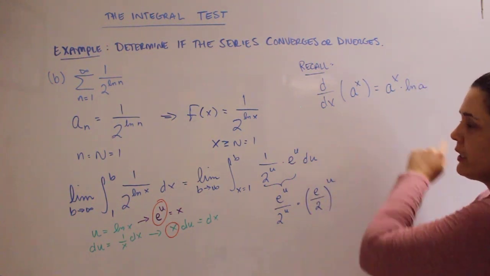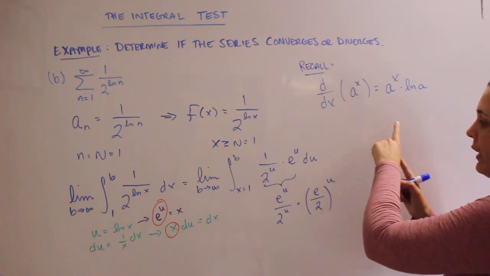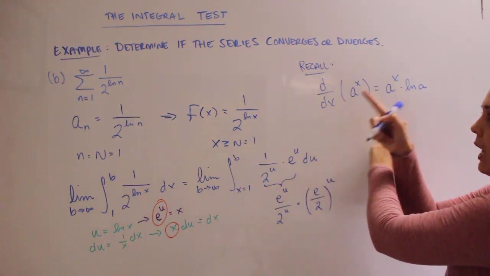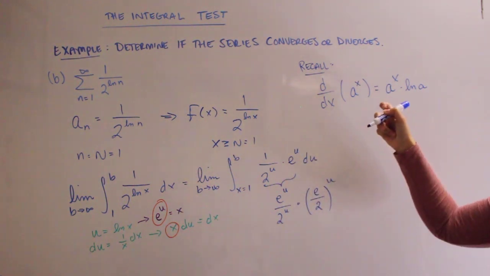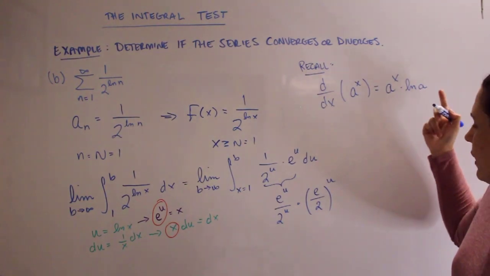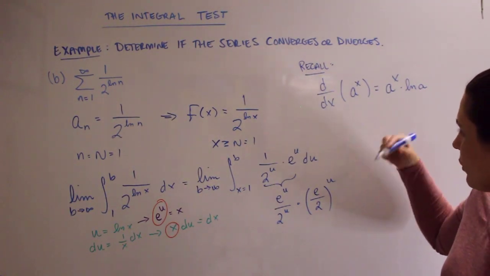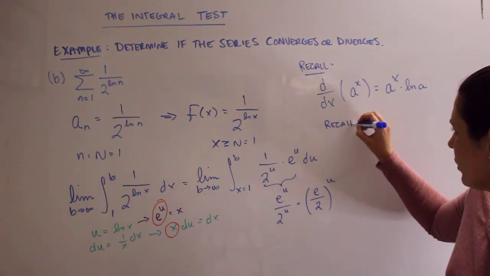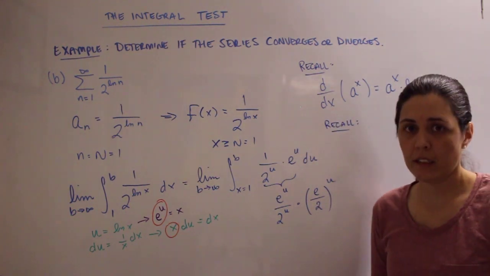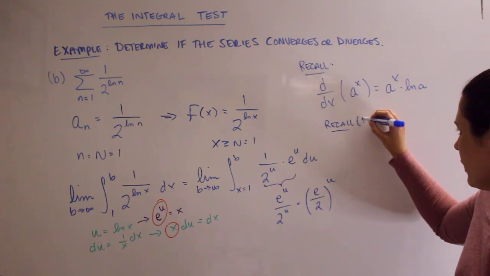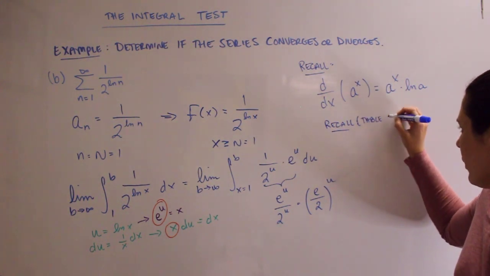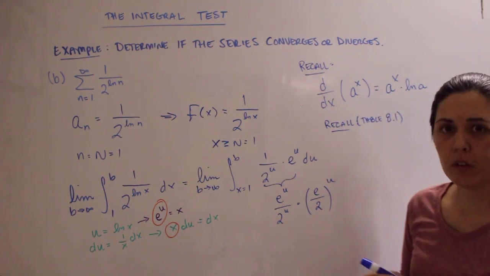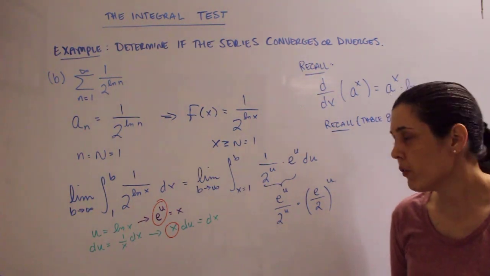And so we have to use this fact. When we're integrating, we're going to do the opposite of this. We're starting with the derivative and finding the antiderivative, or the original function. Let me also remind you what we learned at the beginning of this class, specifically on one of your tables of integral values.